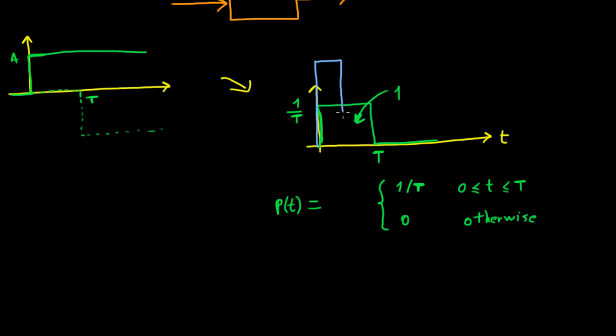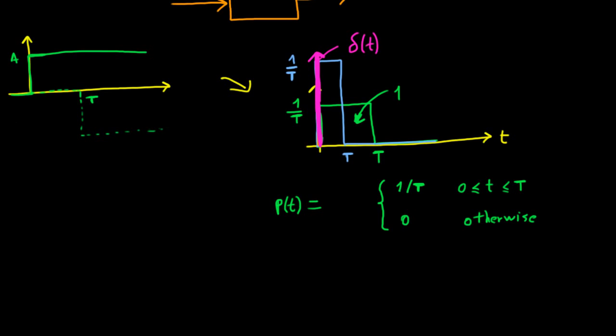Higher, but with less duration. This is the new T, and this is the new 1 over T. And if we keep doing that, if we keep shortening the length of the pulse, we get a function infinitely short but infinitely high, and we denote it, let me choose another color, we represent it with a thick arrow, and this is the unit impulse.